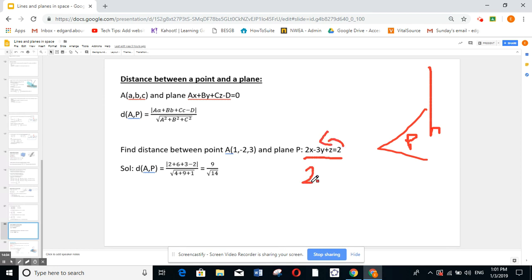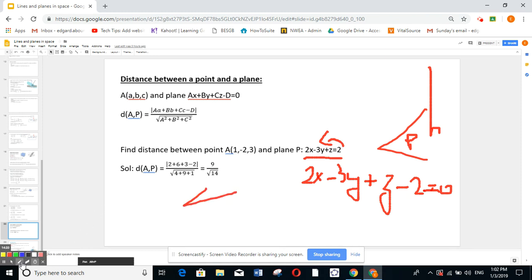So you get 2x minus 3y plus z minus 2 equals 0. The formula of the distance: you take the absolute value, replace x, y, z by their values, over the square root of a squared plus b squared plus c squared, so 4 plus 9 plus 1.